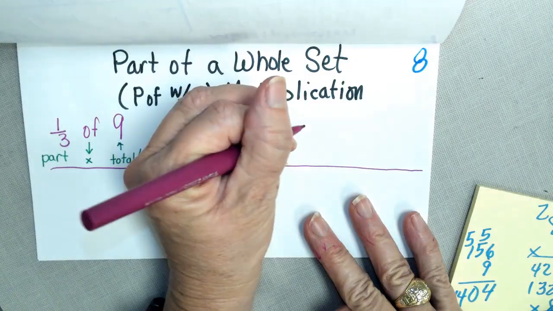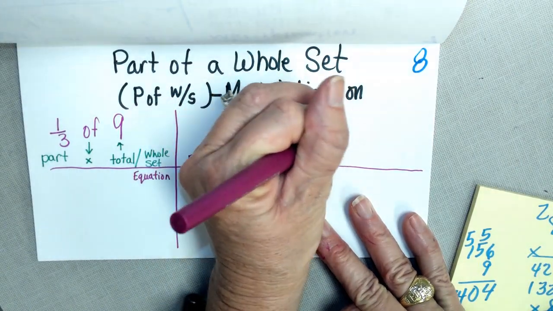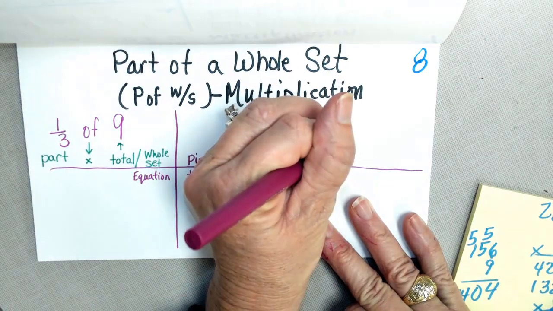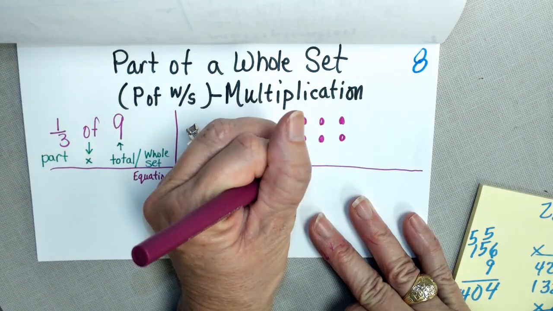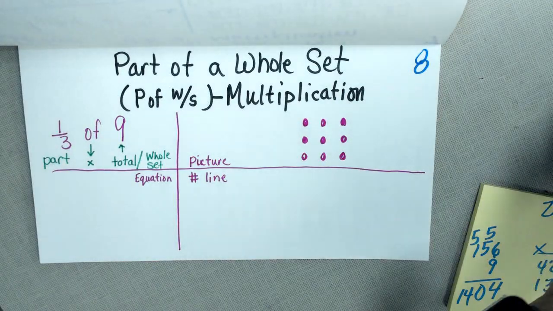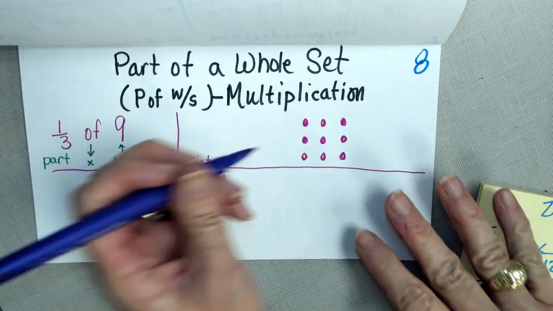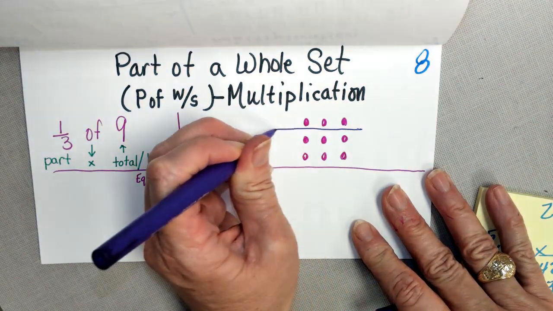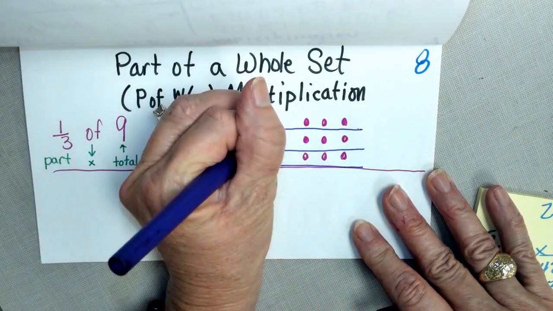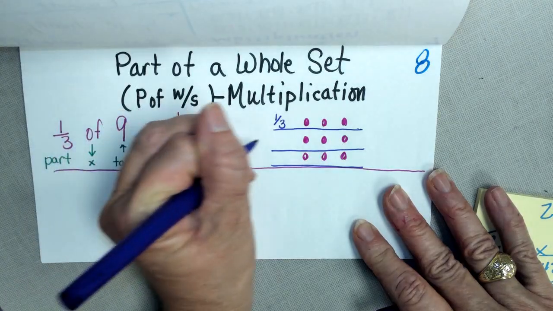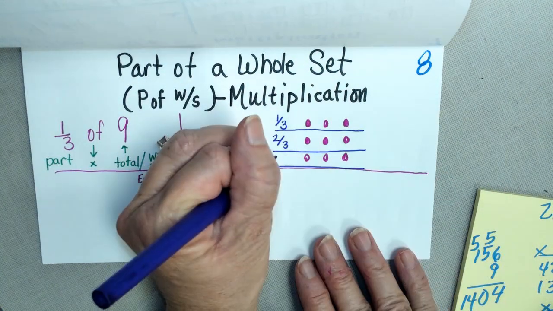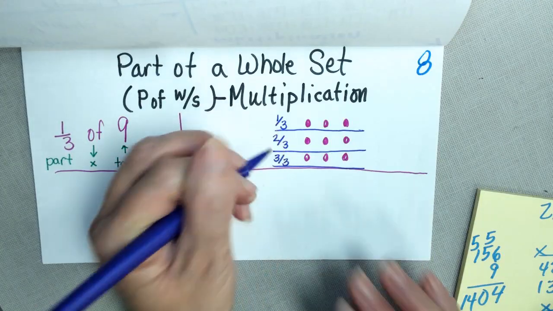So I'm thinking to myself, 1, 2, 3, 4, 5, 6, 7, 8, 9. And then I'm going to take my pencil and partition these into thirds. So this would be 1/3 of the group. This would be 2/3 of the group. And this would be 3/3 of the group.